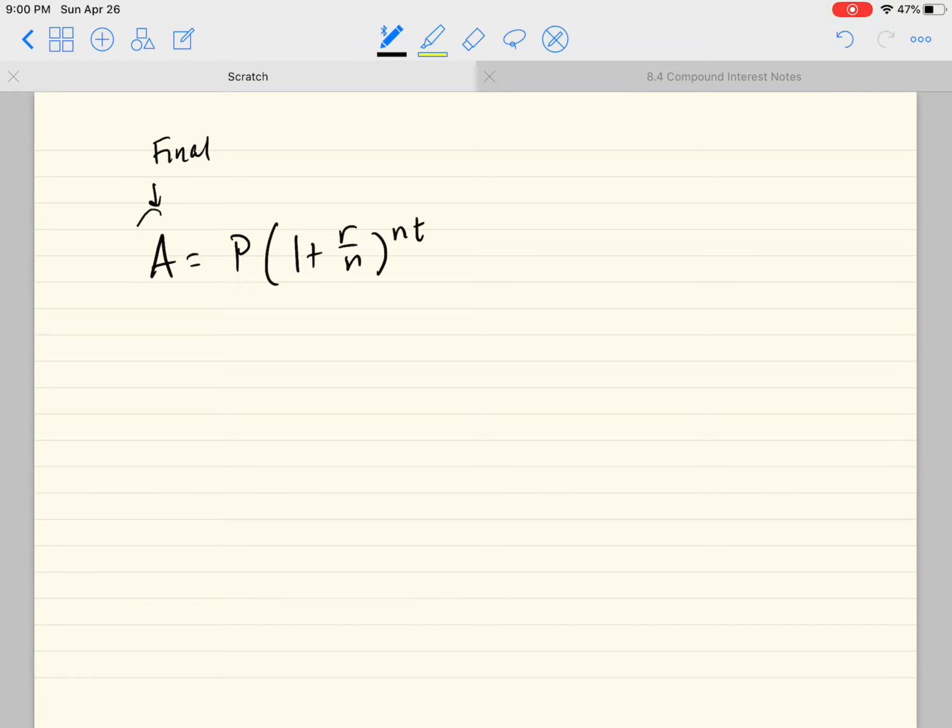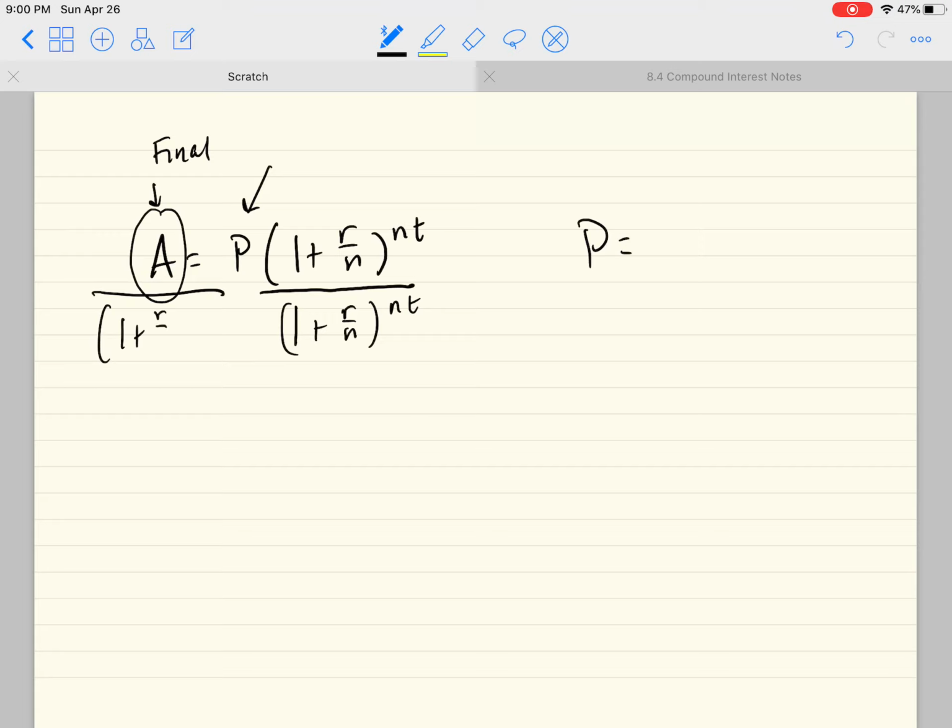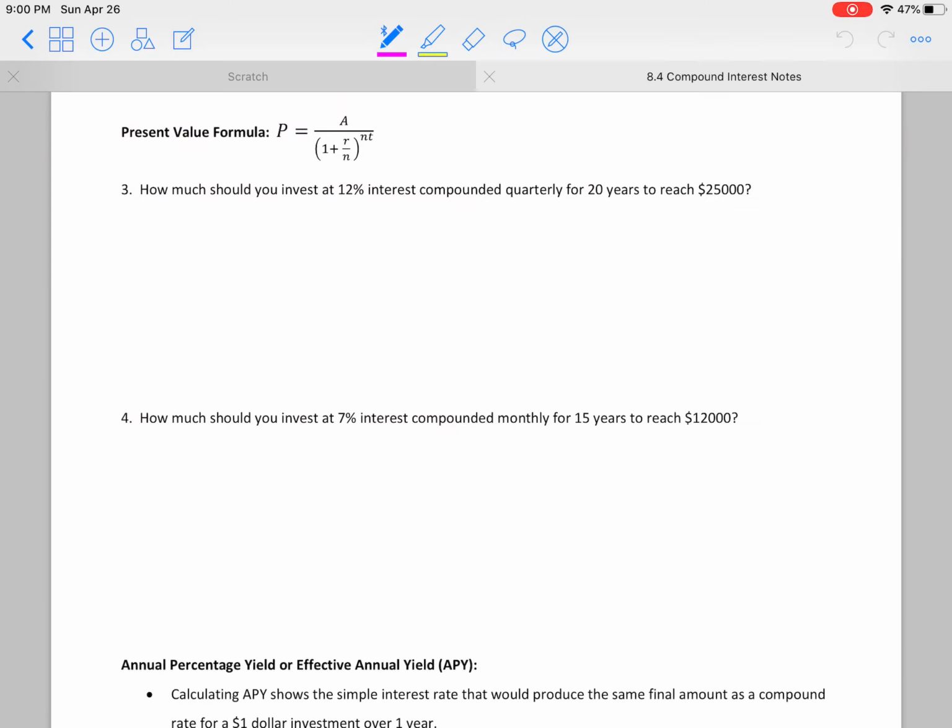So our formula for compound interest to find the final amount A: take the principal, multiply by 1 plus r over n to the nt power. If instead I wanted to calculate P, and P is being multiplied by this whole expression, then I would have to divide that whole expression over.